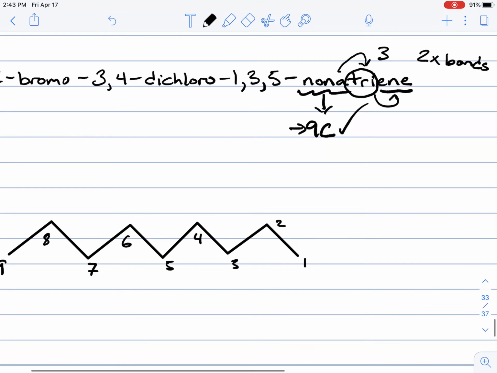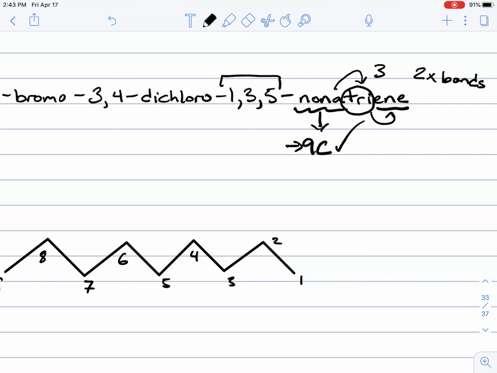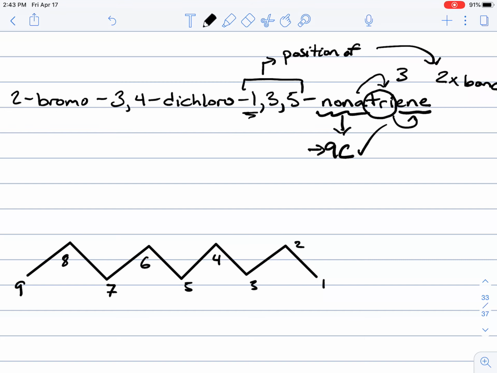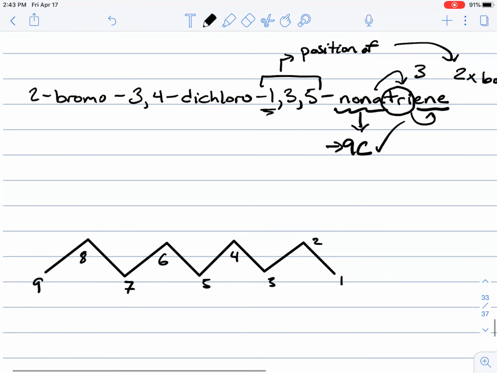Now, the position of these double bonds can be found in the numbers directly before the nona. So position of the double bonds. Okay. So this is telling me that I will have a double bond starting from carbon 1.